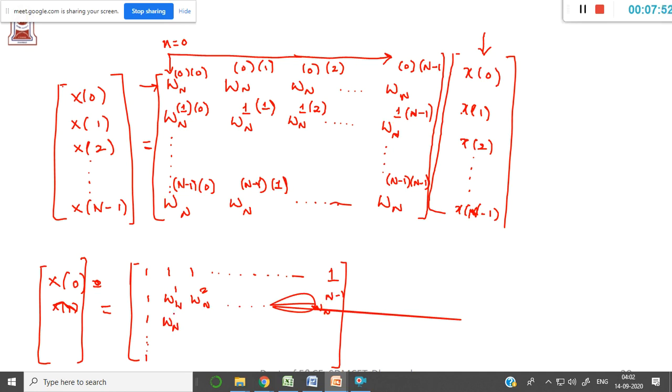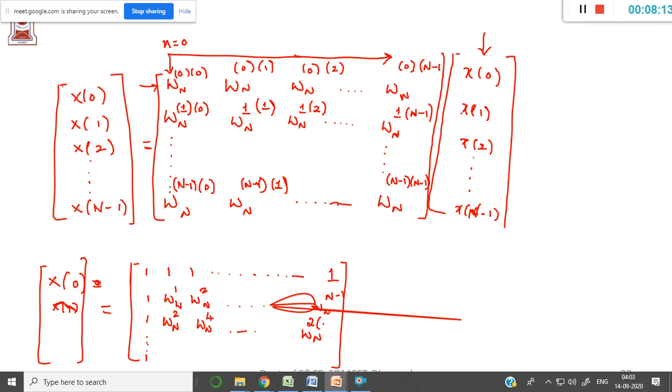It is Wn to the power of 2, because k value becomes 2 and 2 into the small n value, and this is also multiple values, so 2 into the second value is 2, therefore this continues, and the last n value will be Wn to the power of 2.